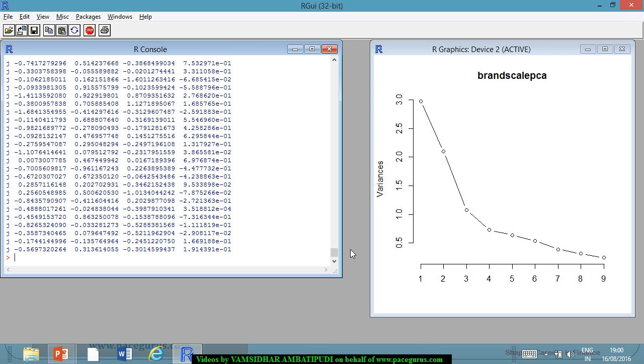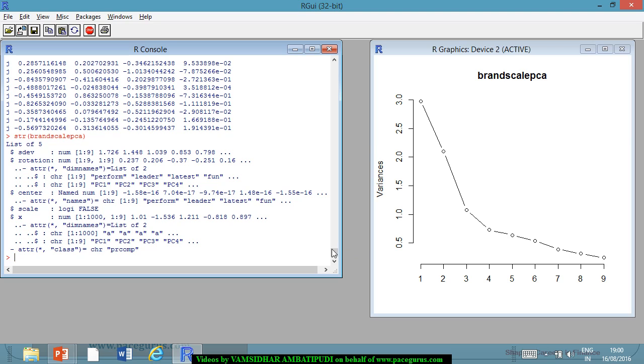Probably if you look at the structure of brand scale PCA, you will be able to identify what all it gives. One, it gives me the standard deviation. It gives me the rotation, which is a rotated component matrix. It gives me the center. It gives me the scale. It gives me X. X is nothing but the components.